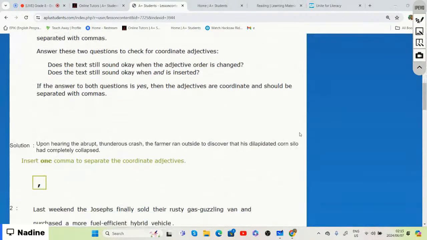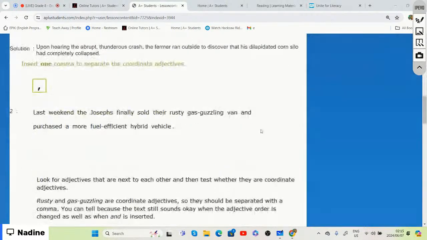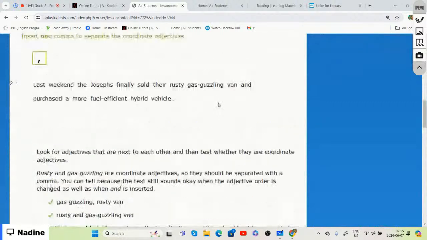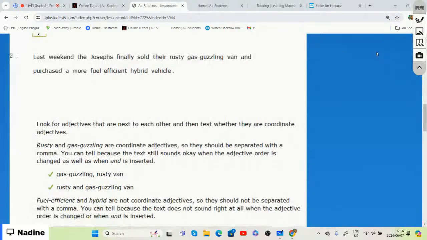All right, let's go to the next one. It says, "Last weekend, the Josephs finally sold their rusty gas guzzling van and purchased a more fuel efficient hybrid vehicle."